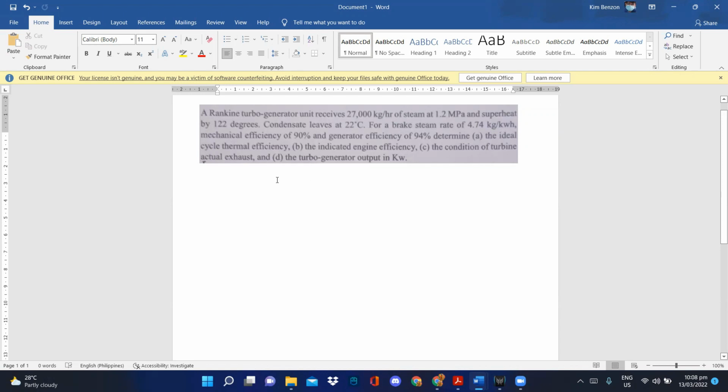So first things first, what we're going to do is draw a TS diagram. To draw the TS diagram, we have to analyze the problem.